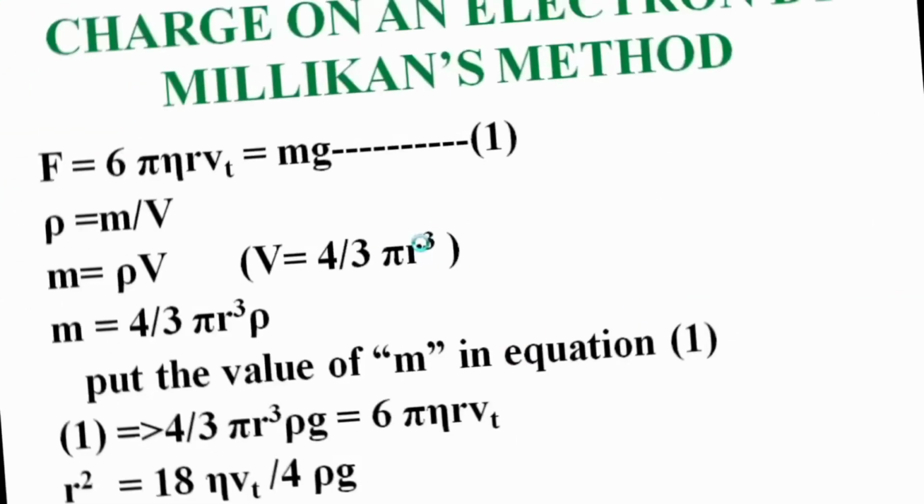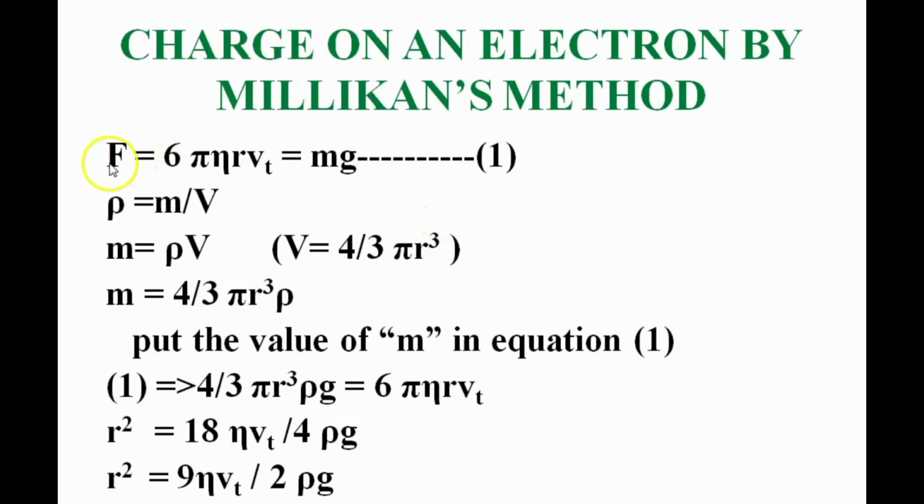At that situation, the drag force, 6 pi eta r Vt, where eta means coefficient of viscosity, Vt means terminal velocity, r means radius of the drop, is equal to mg.